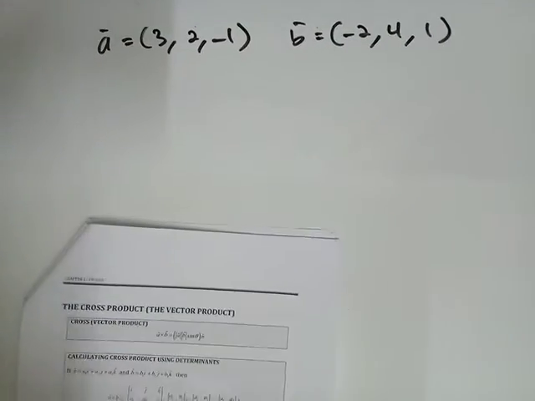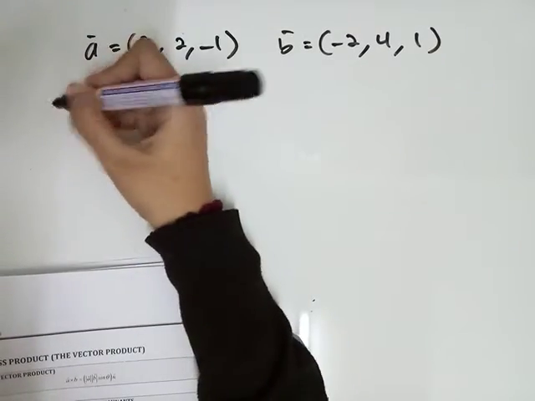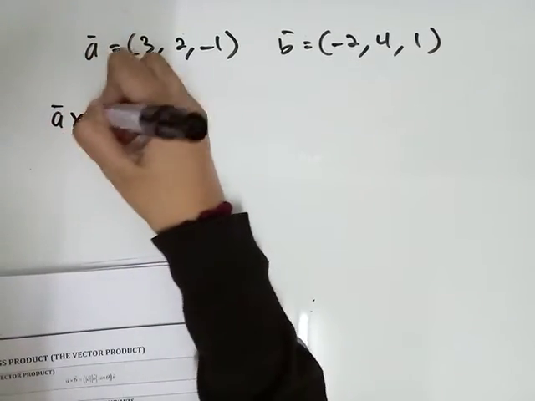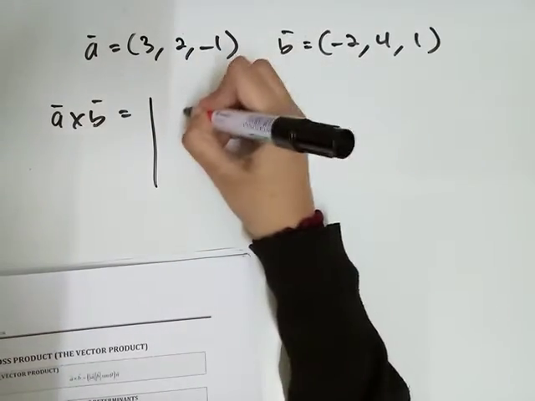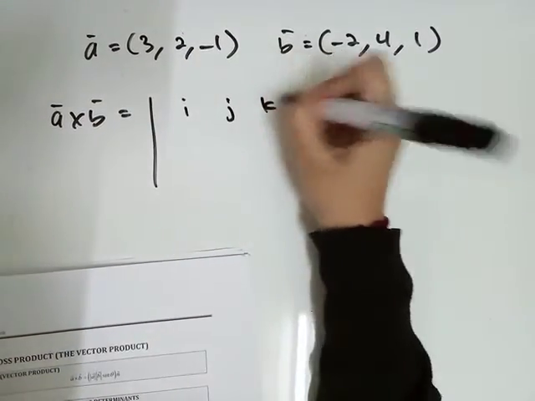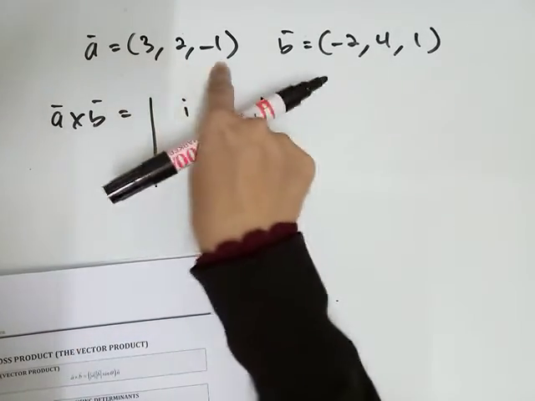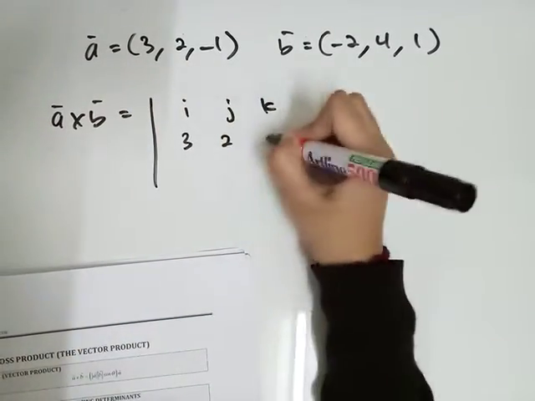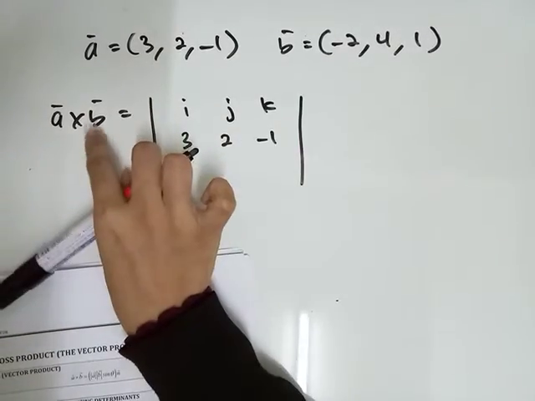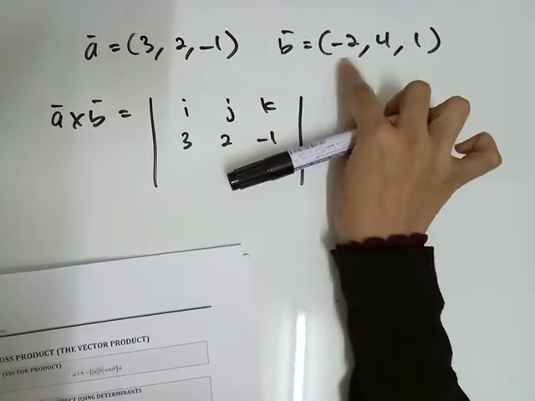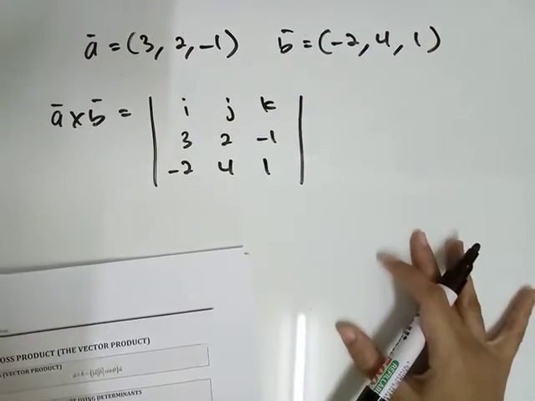Find vector A cross vector B by using determinant. So the first row must be I, J, K, and then the second row must be vector A first, 3, 2, -1. And then the last row should be vector B, -2, 4, 1.